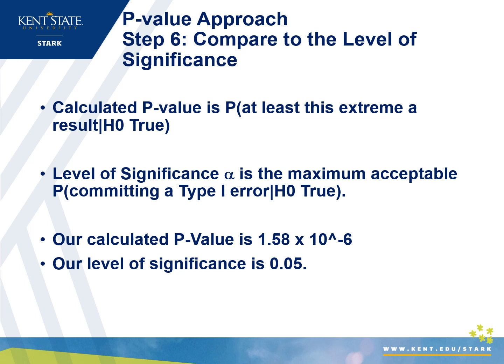While technically the calculated p-value is the probability of getting a result at least this extreme if the null hypothesis is true, a good way to think of it is that the p-value captures how consistent with the hypotheses the data we have is. A p-value of exactly 0 means that the data is completely inconsistent with the hypothesis, while a p-value of 1 in a two-tailed test indicates that the data is completely consistent with the null hypothesis.